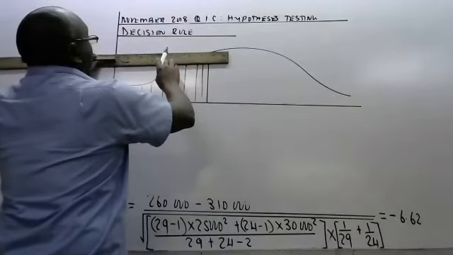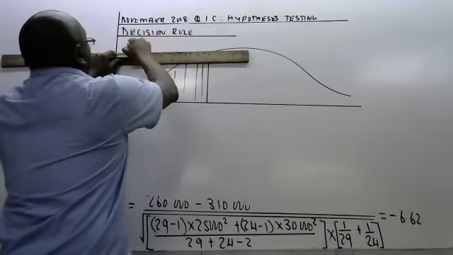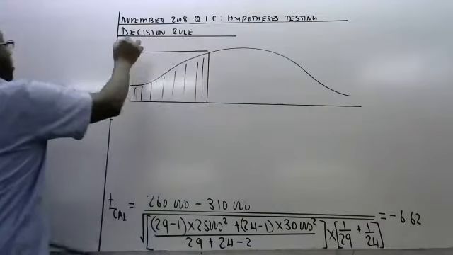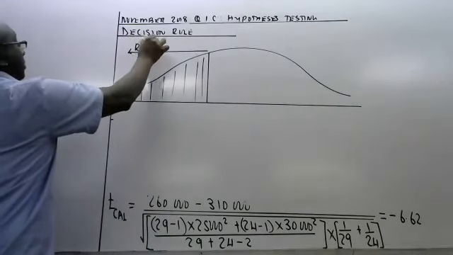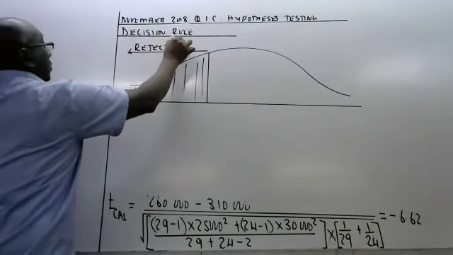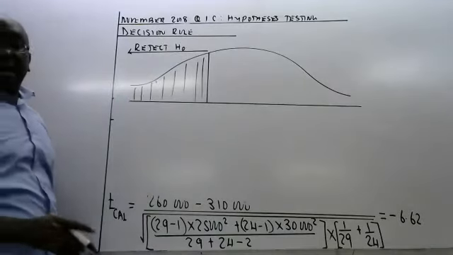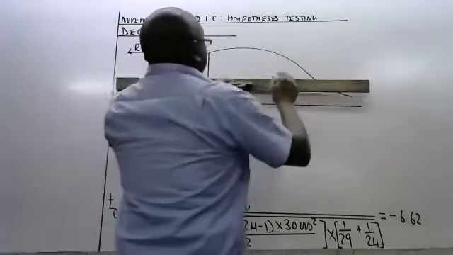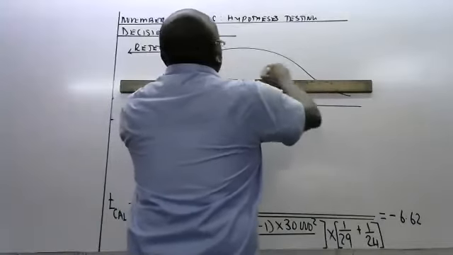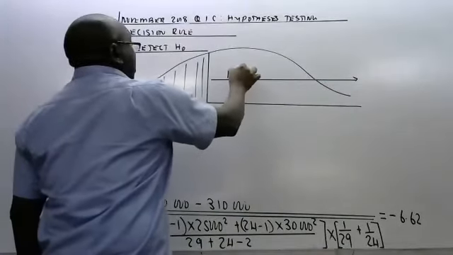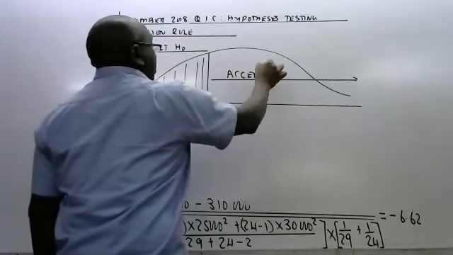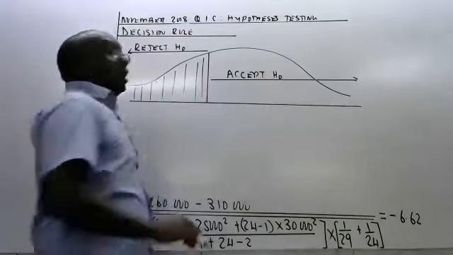And if we find ourselves on this side, we will say reject null. And if we find ourselves on this side, we will say accept null hypothesis.